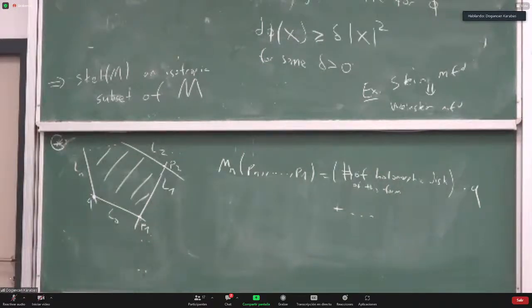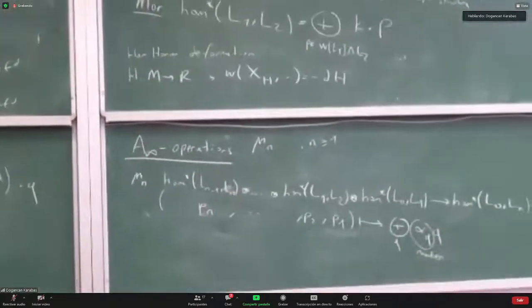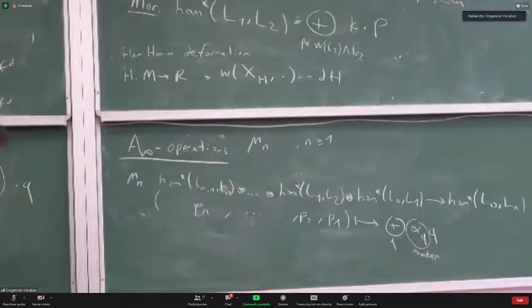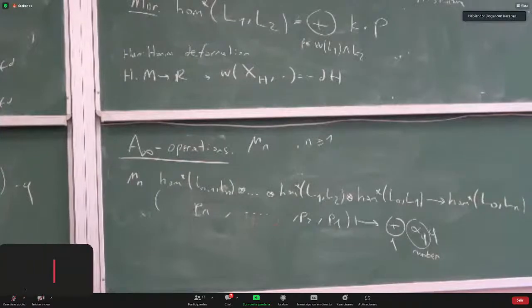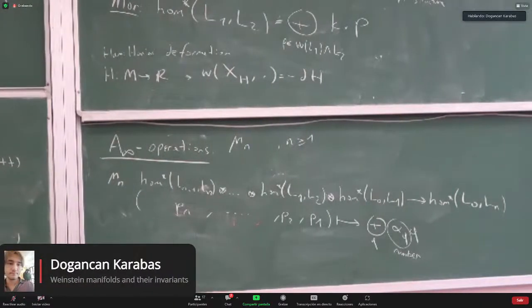So you input one intersection point between Ln minus 1 and Ln, one between the next pair, and so on, as in the picture there. And then you want to associate a formal sum of intersections of L0 and Ln. That's the kind of structure that we're trying to build.